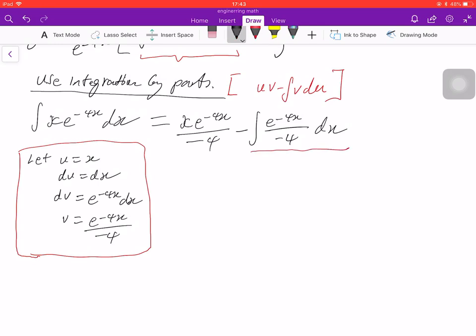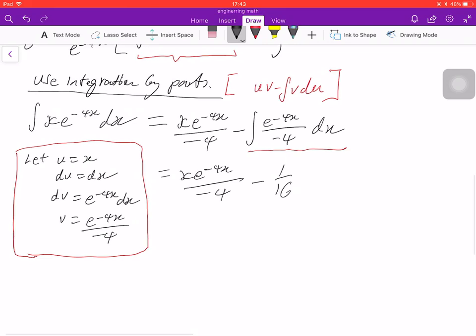This is simple. We have x exponential of minus 4x over minus 4, so minus minus, we still have a minus 1 over 16 exponential of minus 4x. So this is the integration by parts.